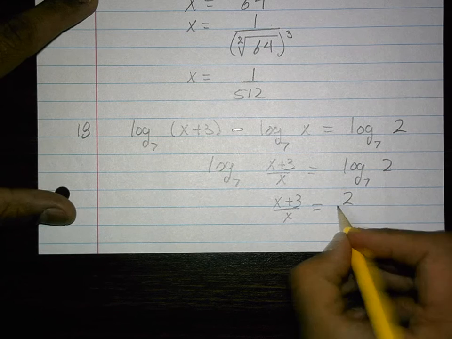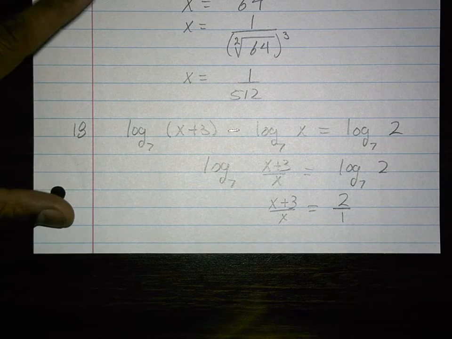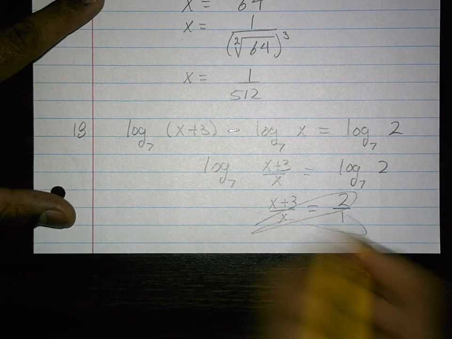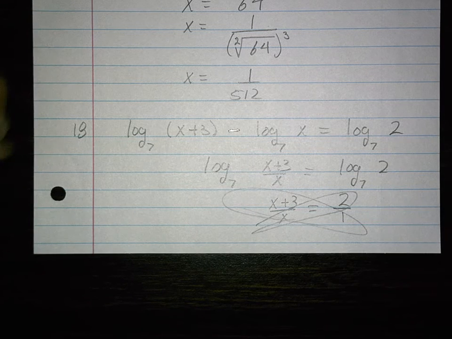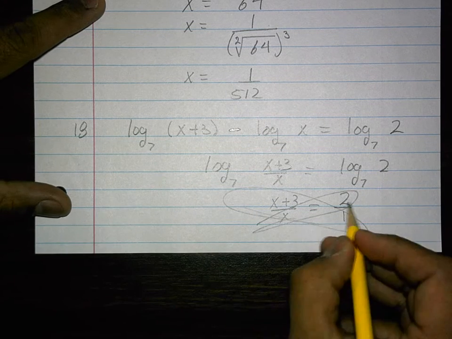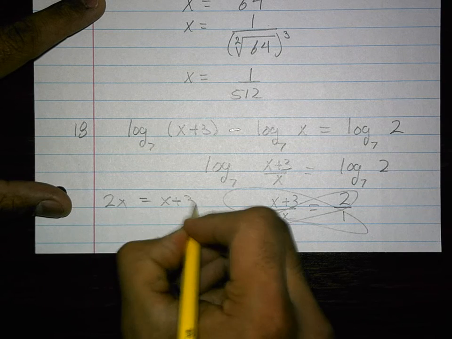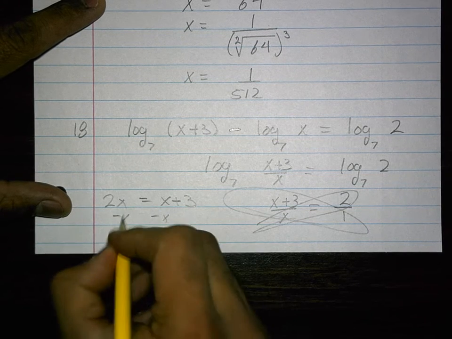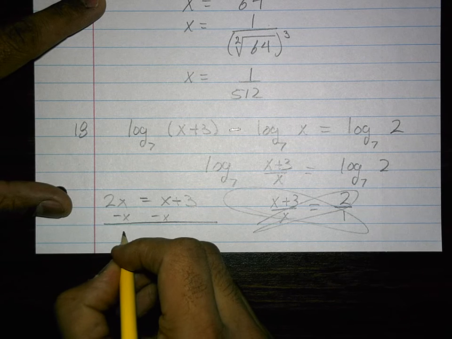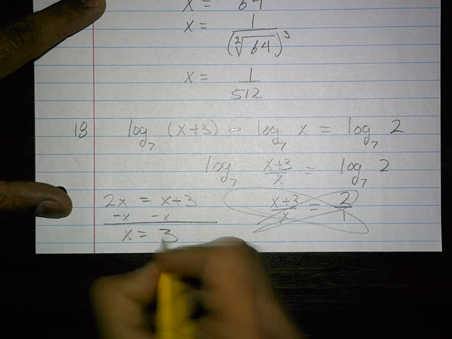What I'm going to do is realize it's also a fraction. I'm going to cross multiply, and say 2x equals x plus 3. I'll subtract x from both sides, and x equals positive 3.